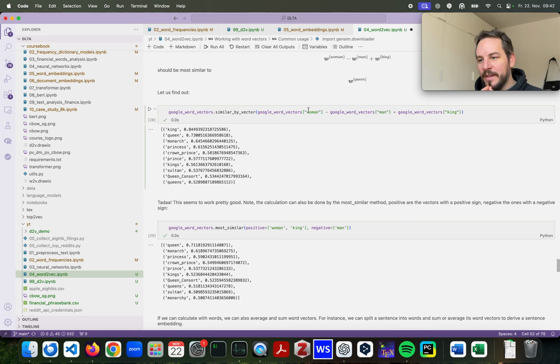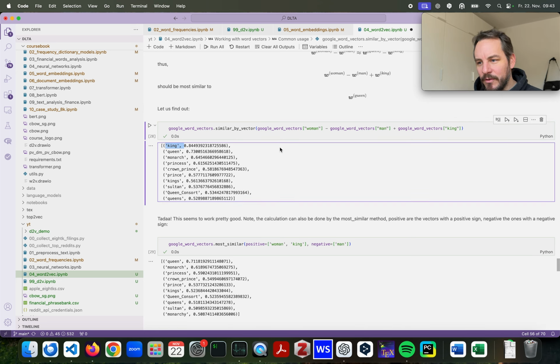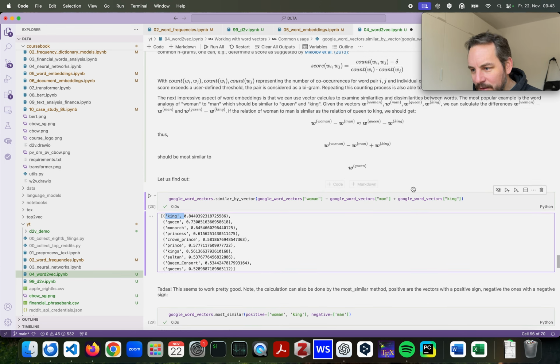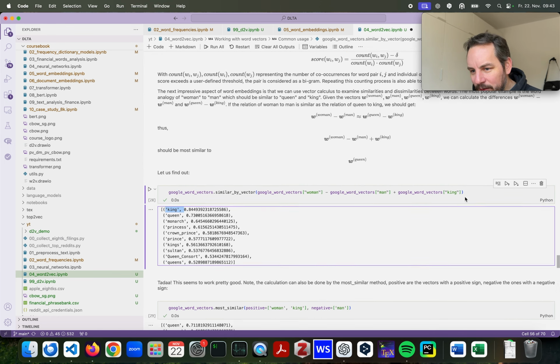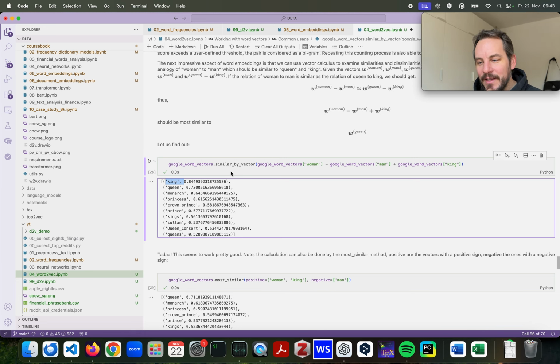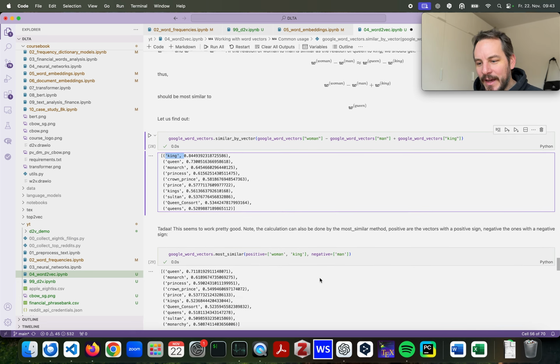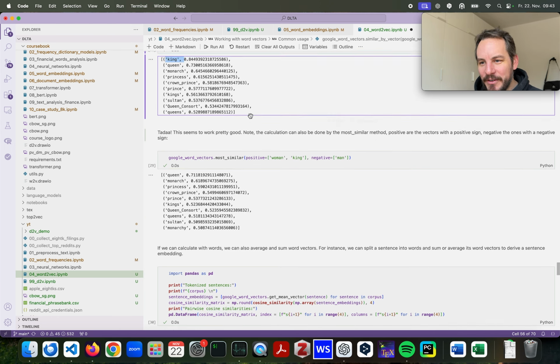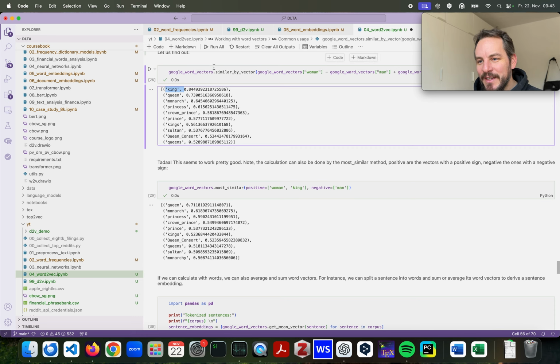So if you calculate woman minus man plus king, the vectors, and take a look at the resulting vector, which is the most similar I can find, it is king here, right? Yeah, it is king, obviously, and then queen. And here, again, it's done with the normalized vectors. Now it works a little better. I don't know why king is showing up here, to be honest.